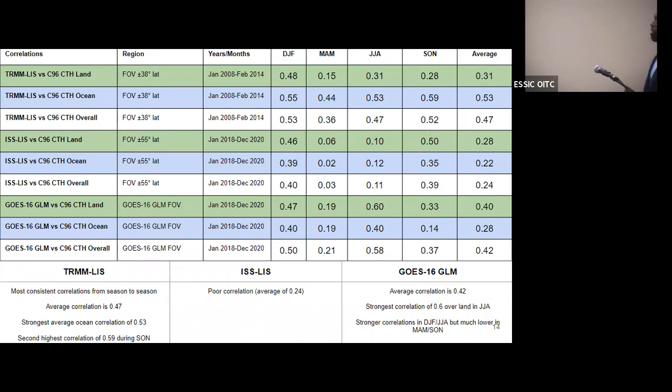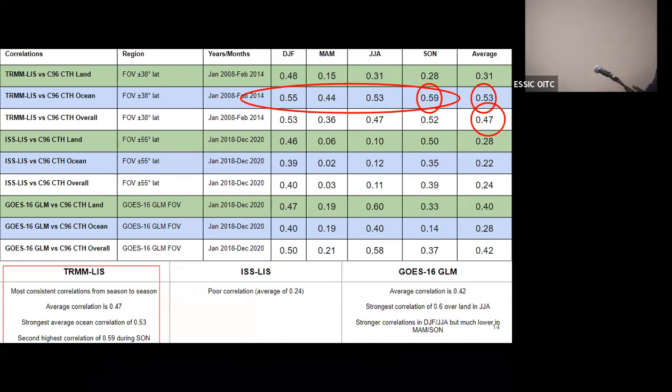So how do these observations and the model correlate? They're moderate correlations. For TRMM over the ocean, we find correlation generally above 0.5, except for March, April, May.